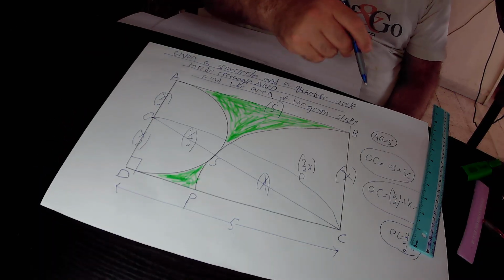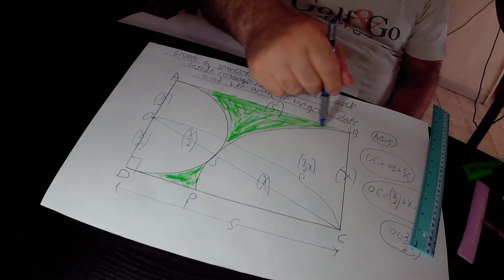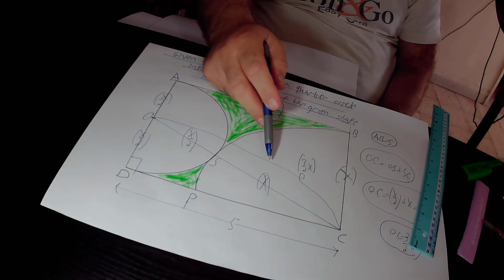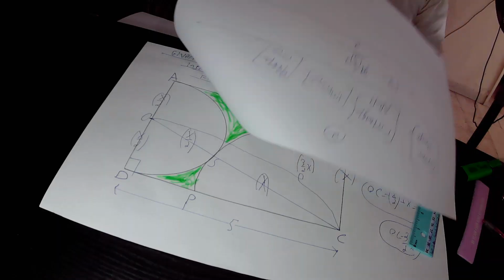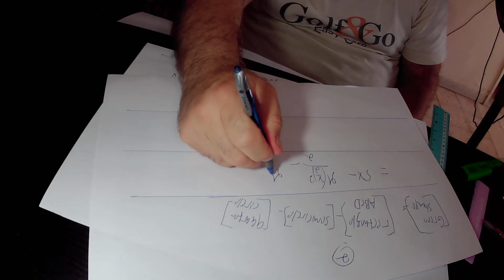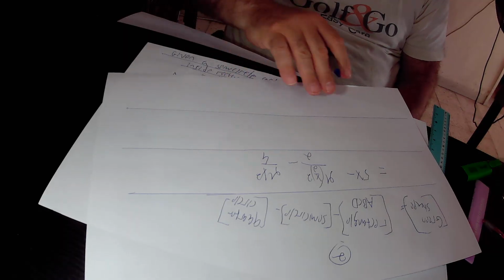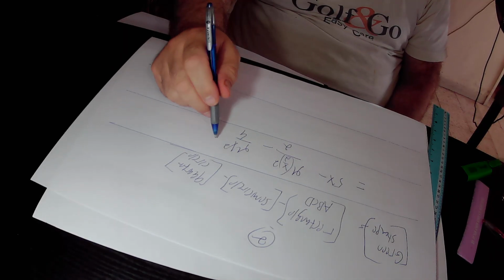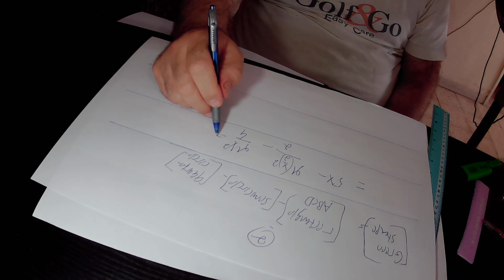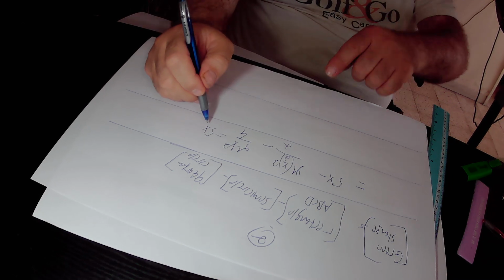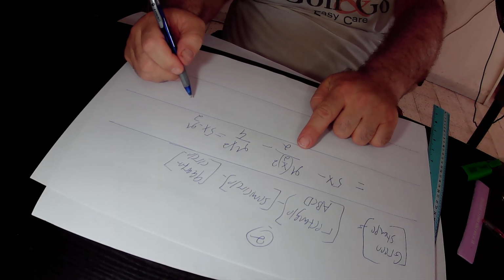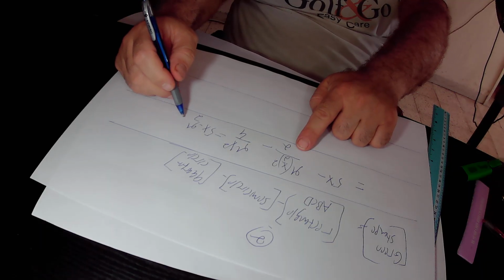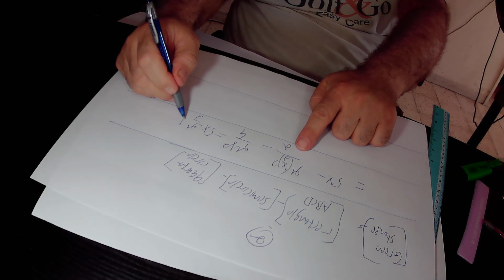Minus, what is the area of this quarter circle? We know that the radius of this quarter circle is x. Therefore, the area of this quarter circle must be equal to pi x squared over 4. So the area equals 5x, here we have minus pi over 2, and x over 2 squared is x squared over 4.